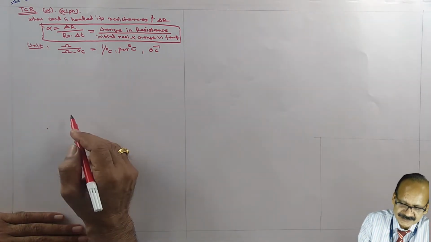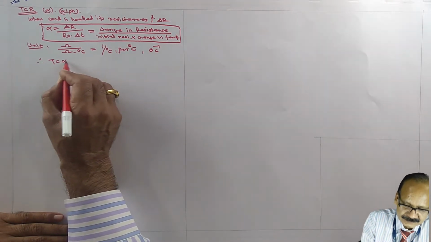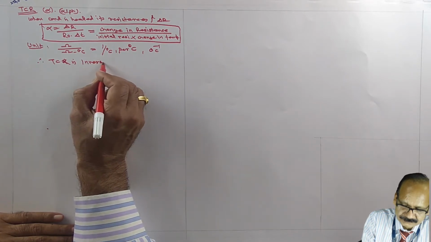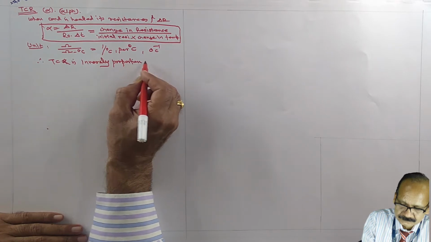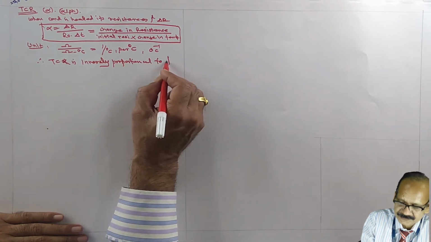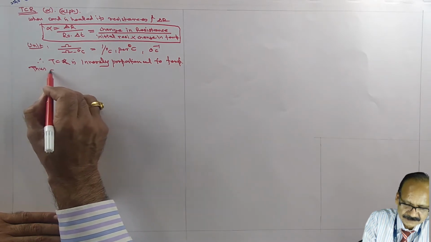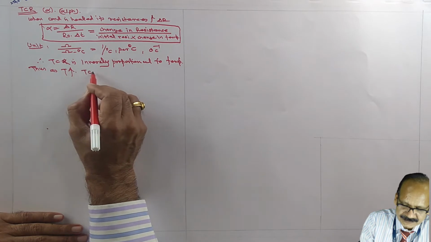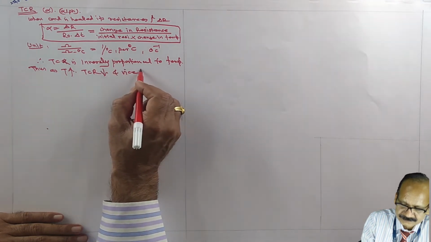Now from this expression, the TCR is inversely proportional to temperature. Thus, as the temperature increases, TCR decreases and vice versa.